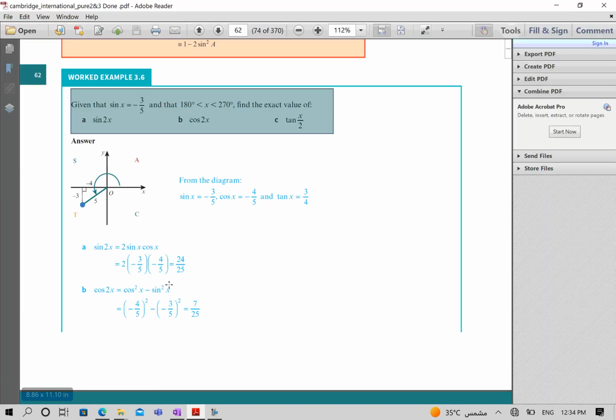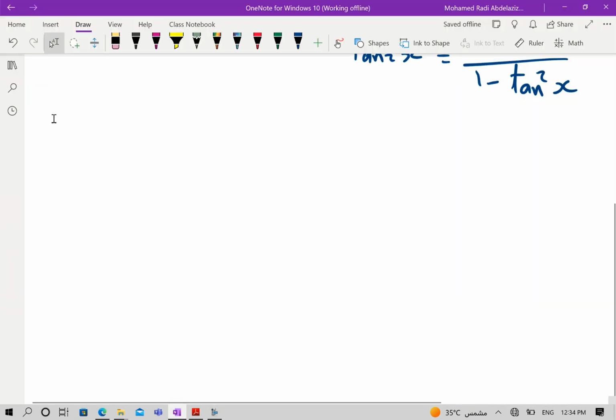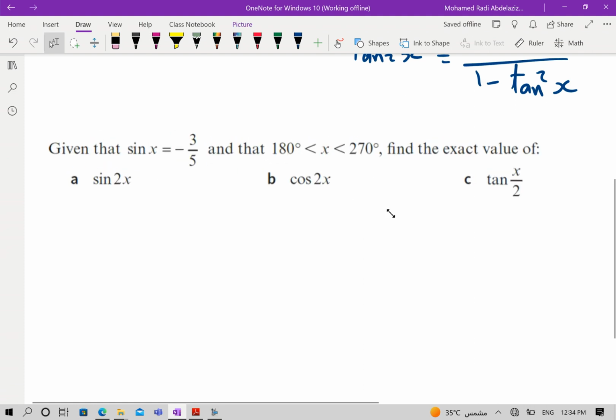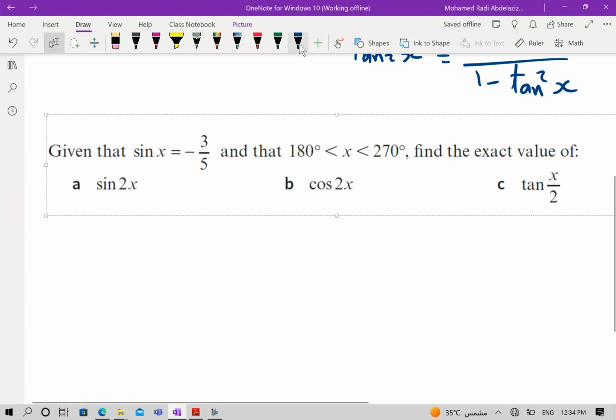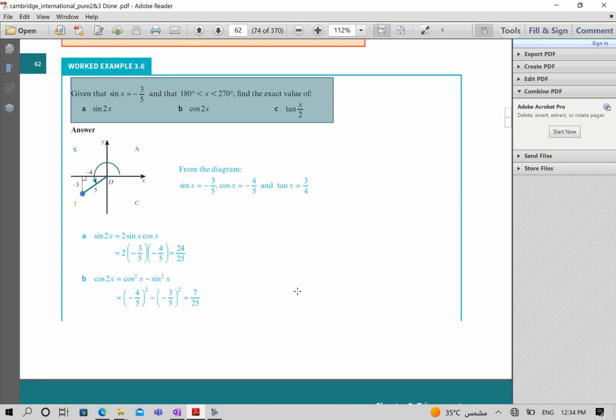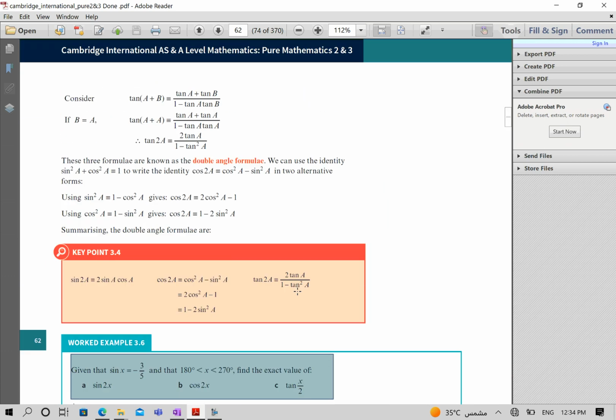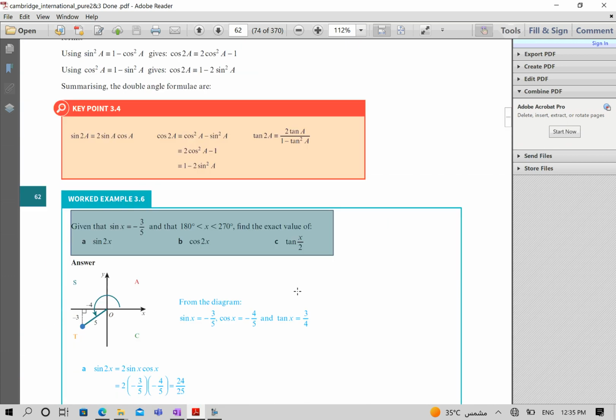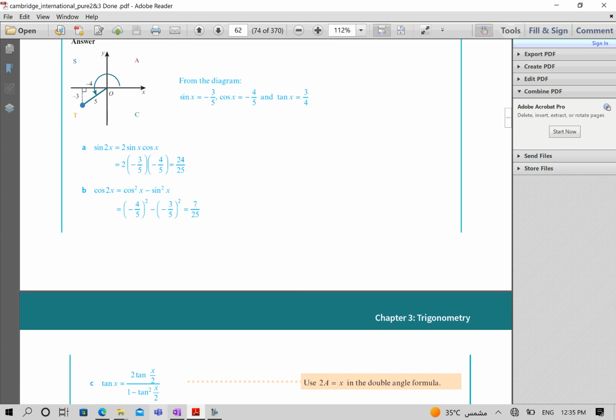Question number 1. A worked example from your textbook, page number 62.